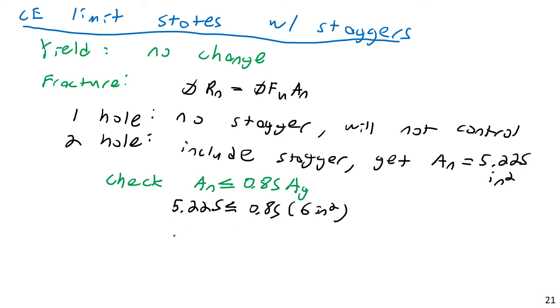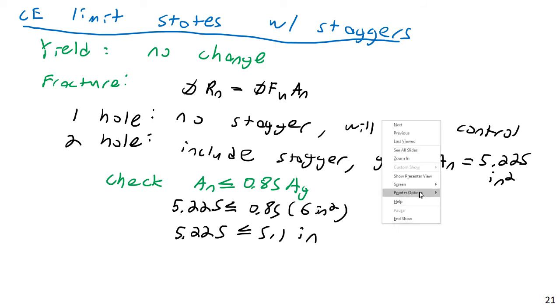And this reduces to 5.225 is less than or equal to 5.1 inches. So this is actually a case where this is no good. We could not really use this kind of gusset plate design for a case with bolt stagger.